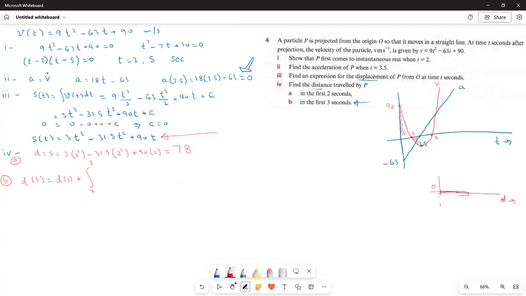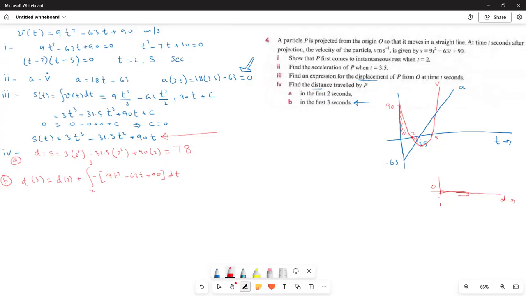So I will take the negative of 9t square minus 63t plus 90, dt. I'm not sure if I'm able to convince you why from 2 to 3 I have to take the negative of it.